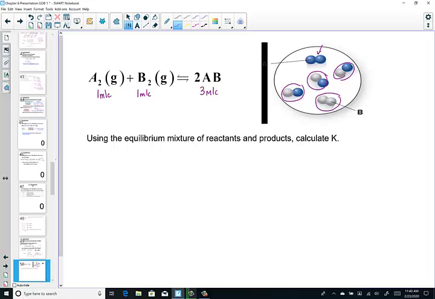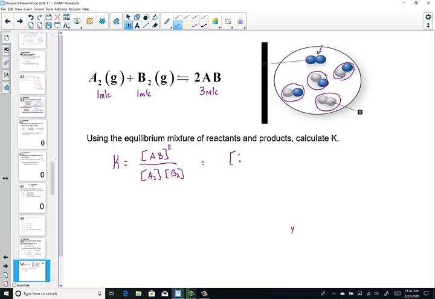Using the equilibrium mixture, let's calculate K. Well, a moment ago we said K is an expression that compares the concentration of the products over reactants, where the coefficients become the powers with which we raise each. So we have AB squared set over A times B. Now let's plug in what we know from the picture.